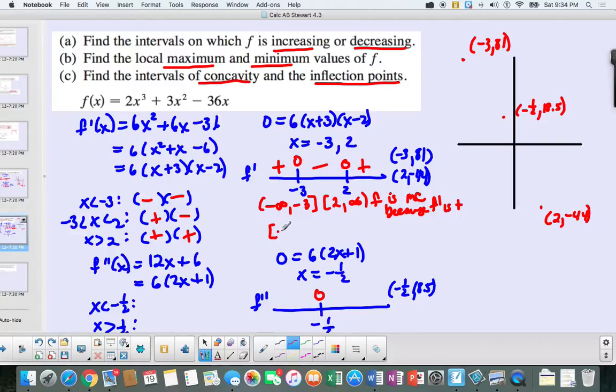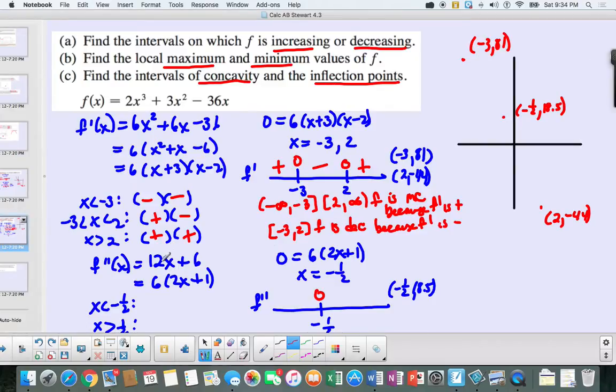And on the interval from -3 to 2, f is decreasing because the derivative is negative. So now I know about increasing and decreasing. I have some increasing happening, decreasing happening to 2, and then increasing happening.